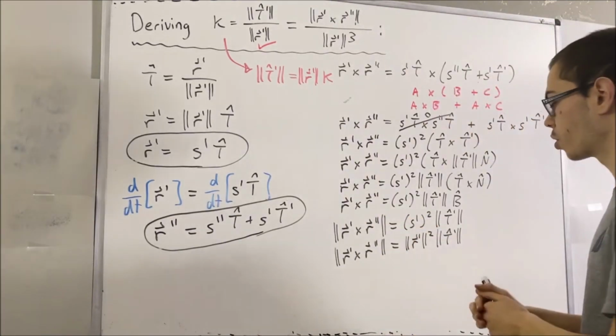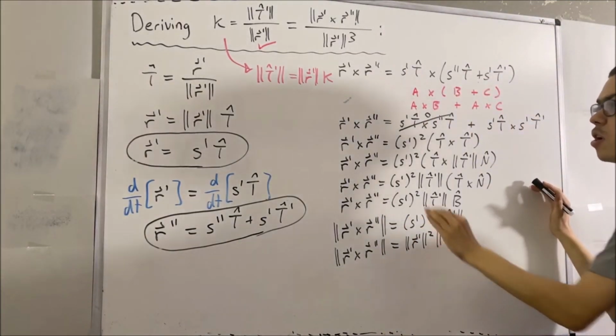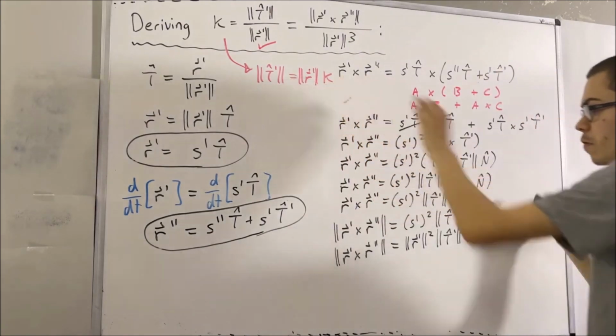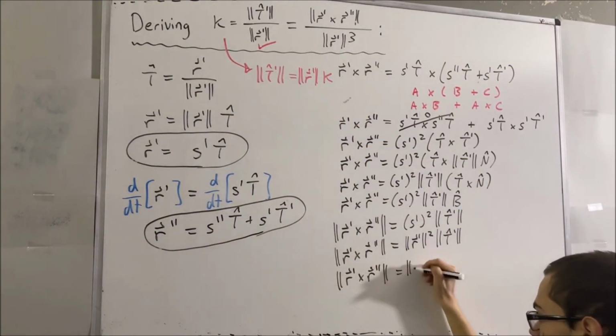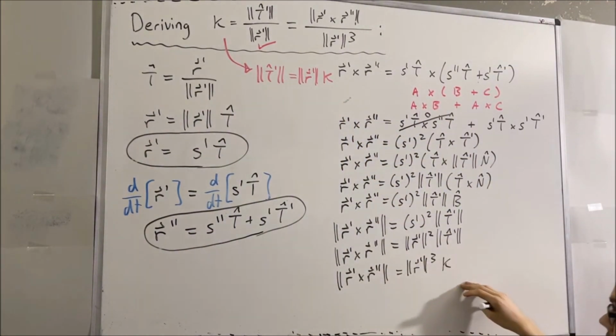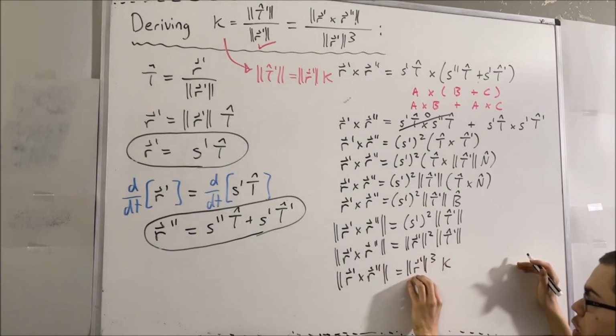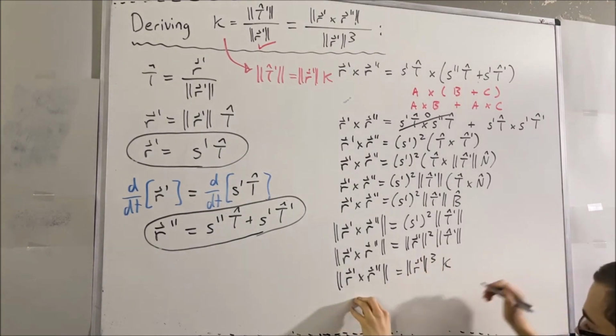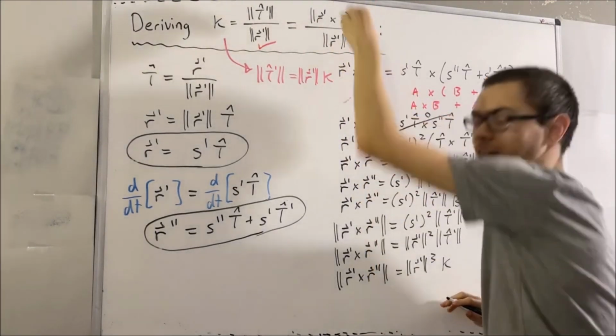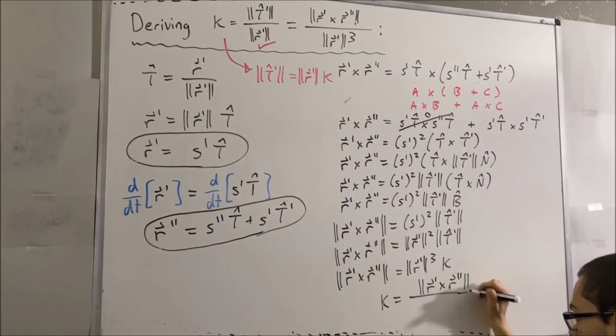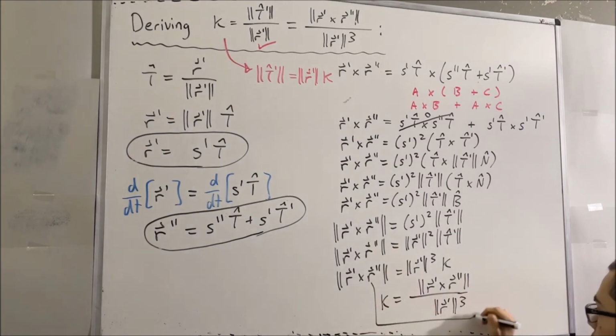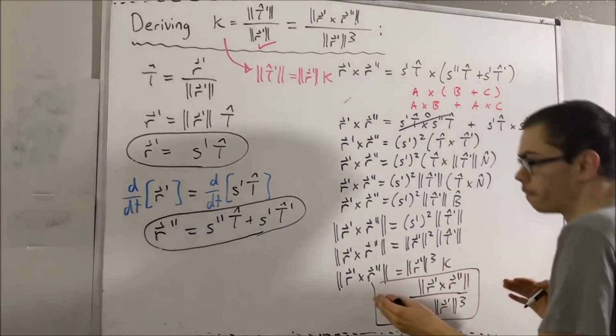And so really, we're going to replace this magnitude of t prime with magnitude of r prime times the curvature. And so this is what we get, and therefore, dividing this magnitude of r prime cubed to the other side, we get the exact thing that we have here. And so this completes the derivation of the other formula for curvature.